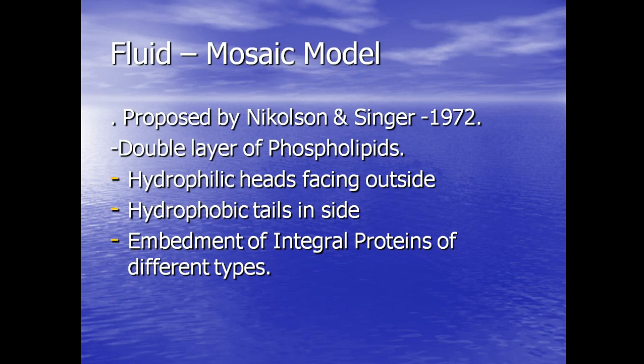And this model is known as the fluid mosaic model. Why is it fluid? The plasma membrane itself is fluid in nature. Its fluidity is there. Then it looks mosaic. What do you mean by mosaic?